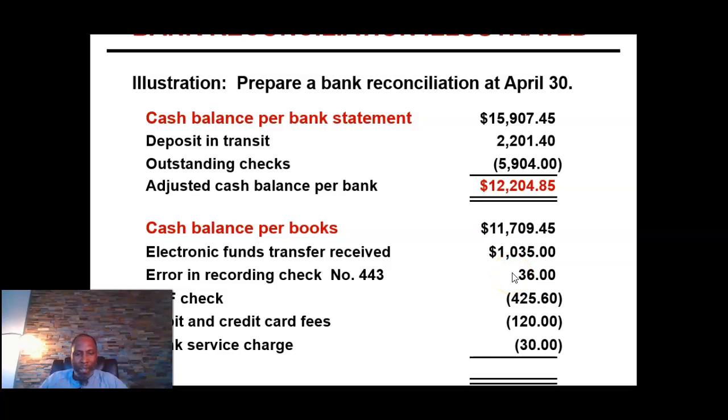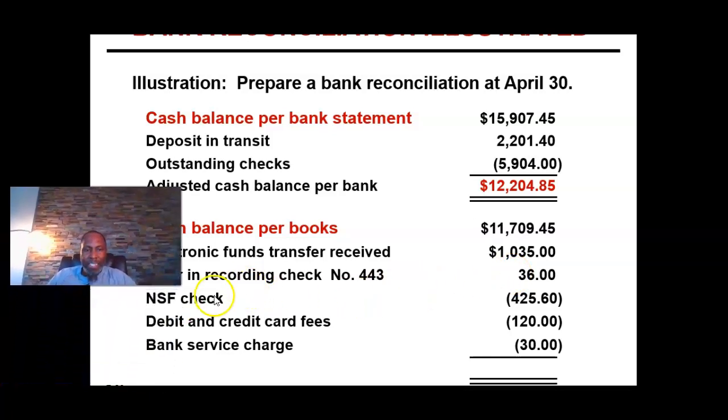The NSF check, that's a check that was written to us, but the check didn't clear. So we need to take that money out of our cash balance per books because those funds are still owed to us. Then any fees charged by the bank for service charge, debit and credit card fees are going to be subtracted.